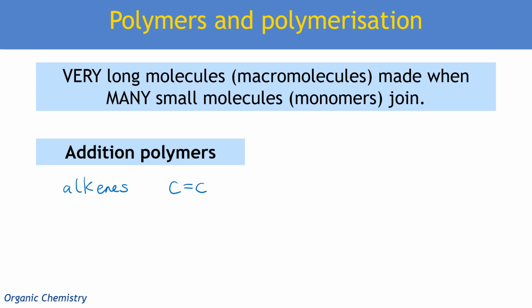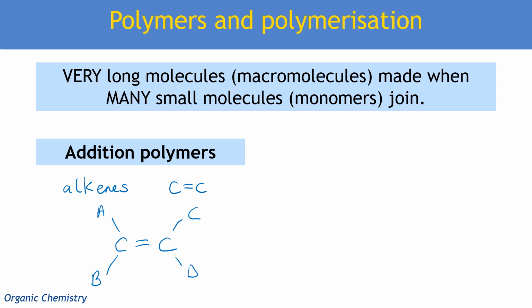Now, one thing to be aware of is that although addition polymers are made of alkenes, we're at A level now, so the context can get a little bit more difficult. I shouldn't have chosen A, B, C, D because now I've got a C on there. The attached groups can all be different functional groups as well.